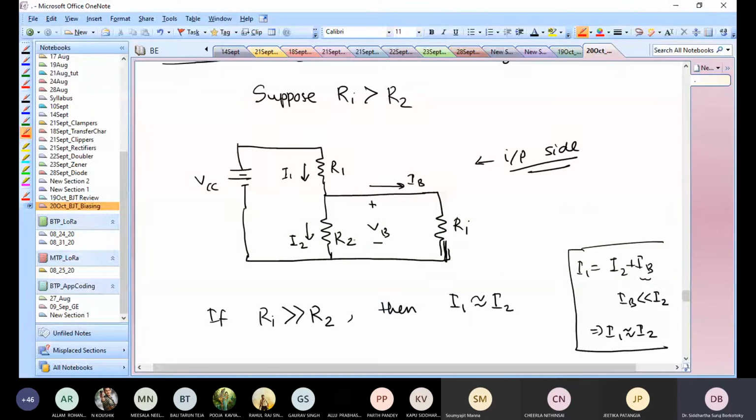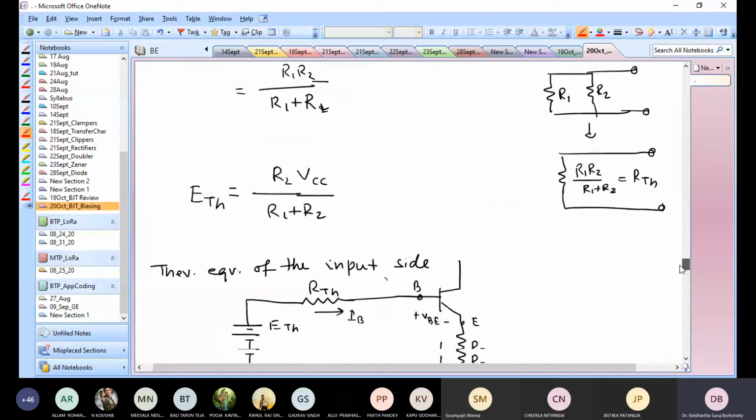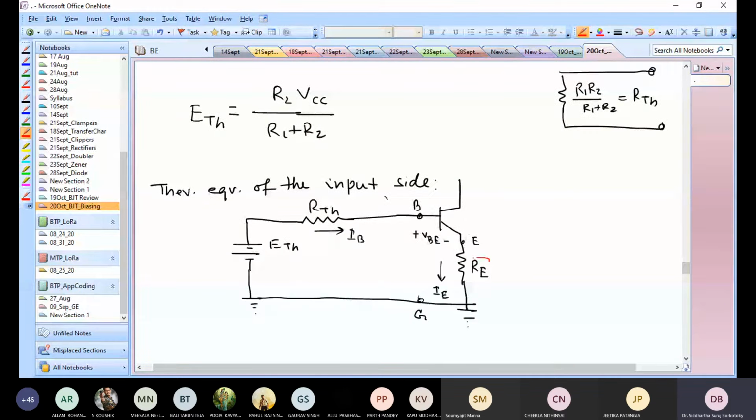I draw this circle. So what is Ri? Ri is beta plus 1 Re. We defined that yesterday. If you have a resistor Re like this, on the input side it appears as beta plus 1 times Re.